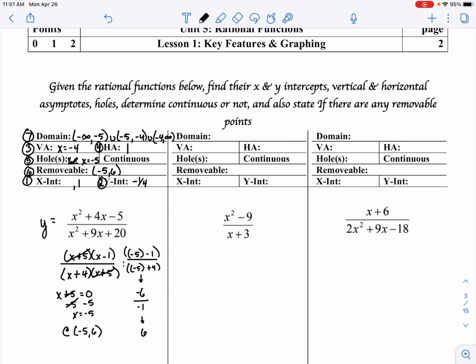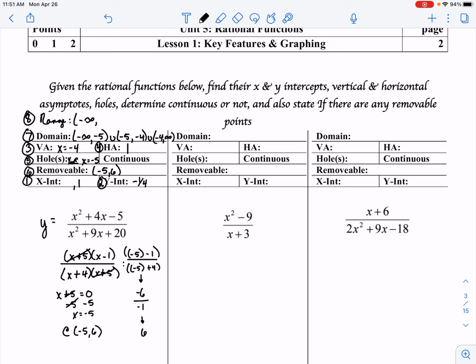If it asks us to do range, same deal. Smallest, negative infinity, to our removable point value, or this time horizontal asymptote, whichever is lower. Horizontal asymptote 1 is smaller than 6.